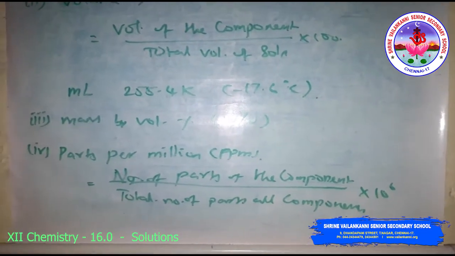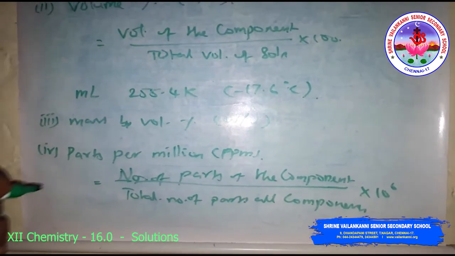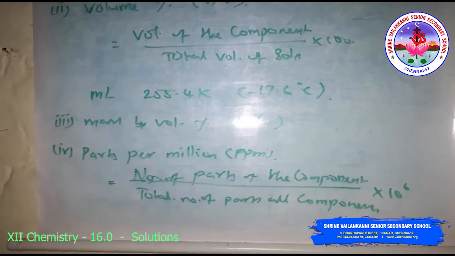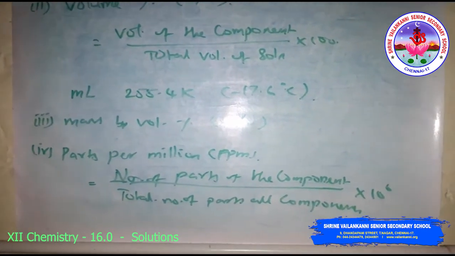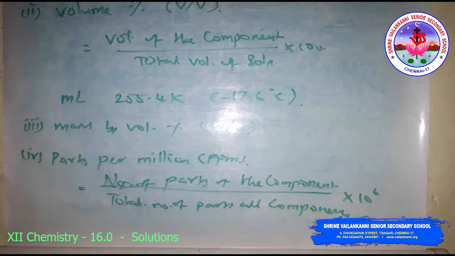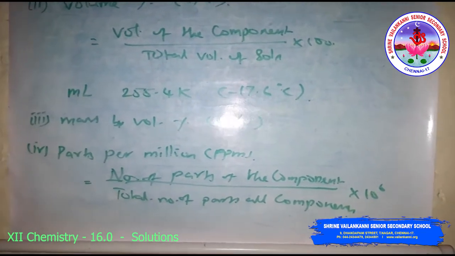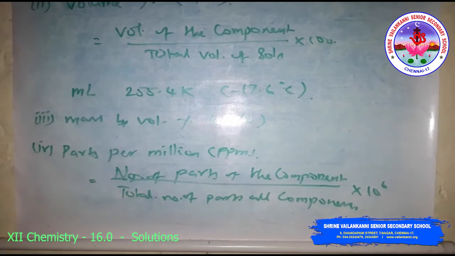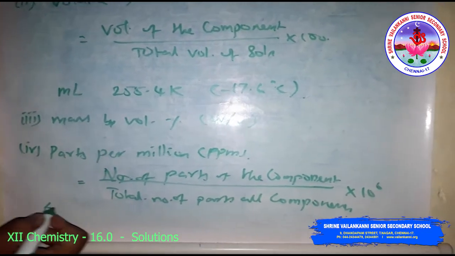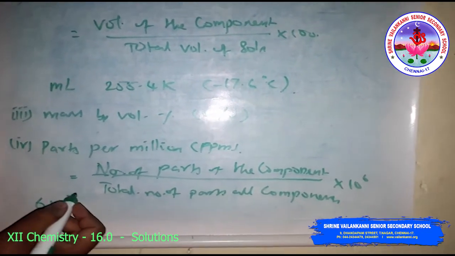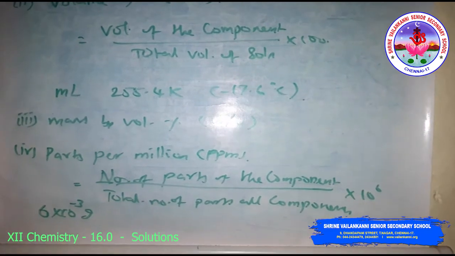As in the case of percentage, concentration in parts per million can also be expressed as mass to mass, volume to volume, and mass to volume. A liter of sea water contains about 6 into 10 power minus 3 gram of dissolved oxygen.